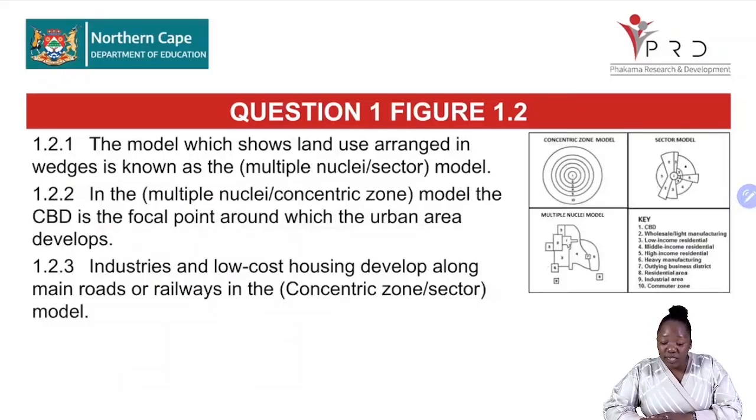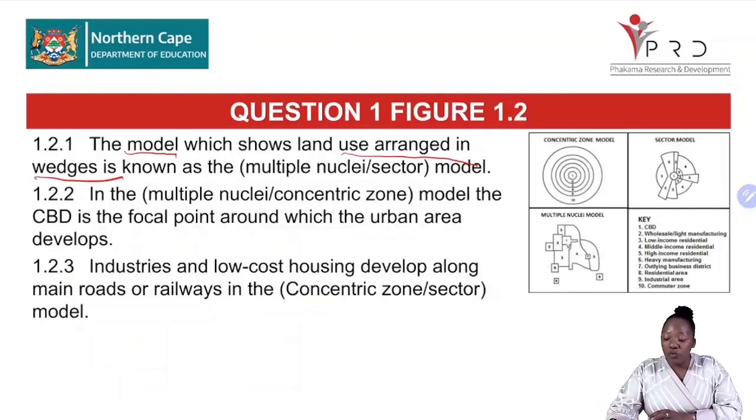The first question, it says, the model which shows the land use arranged in wedges is known as. So our key there, yes, it's the model, but now it is arranged in wedges, is known as what?